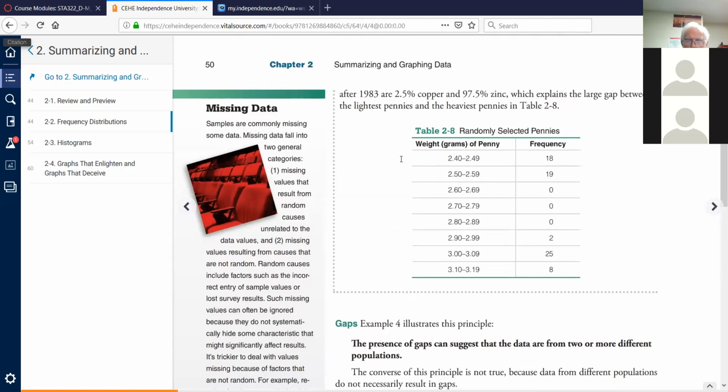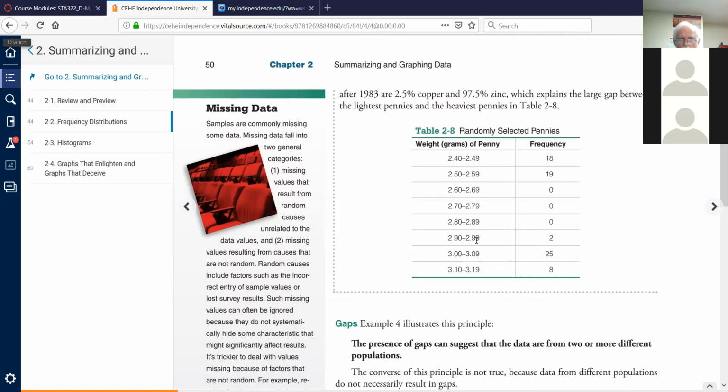Okay, so then we see that randomly there's a big gap in the weight of pennies. If we just randomly select pennies from a pile that has a distribution of pennies from both pre-1983 and post-1983, we find that there is a group that has somewhere between 2.4 and 2.59 as the weight of the pennies. And then there's a gap until we get to 2.9 to 3.19.